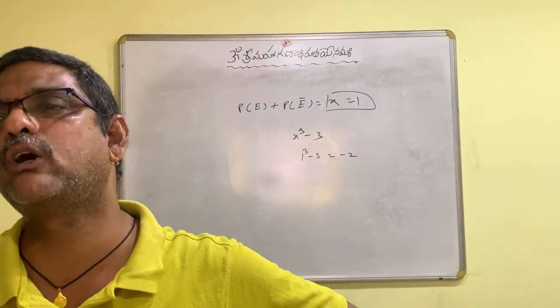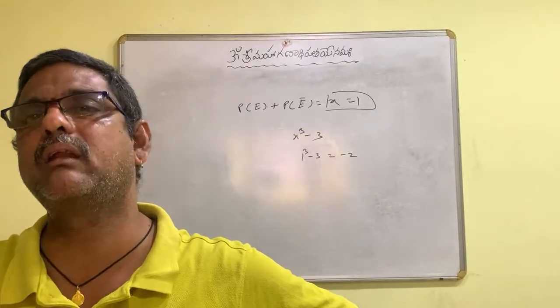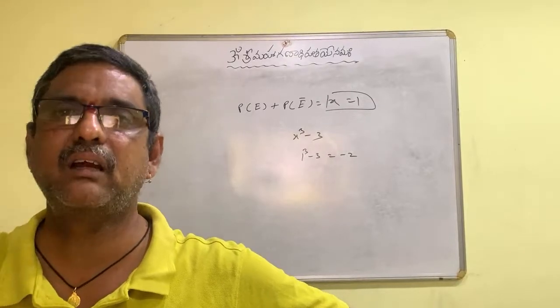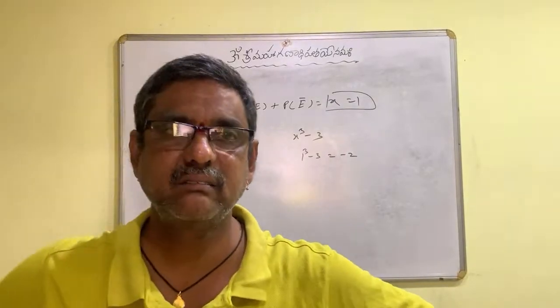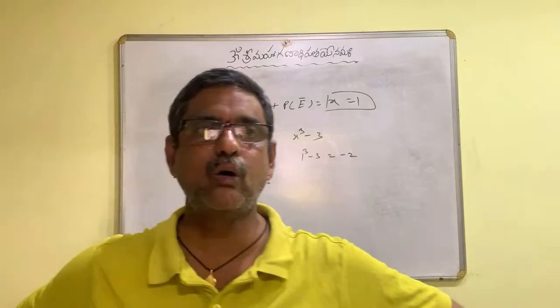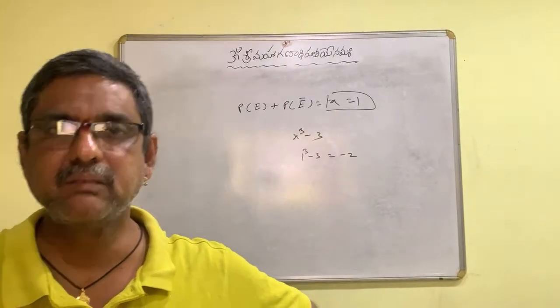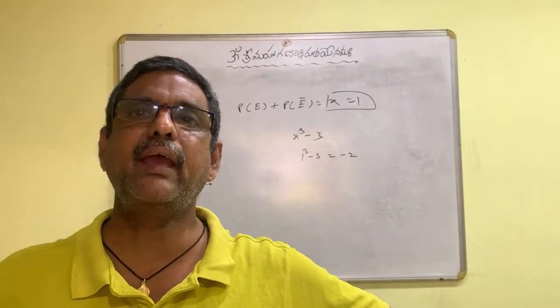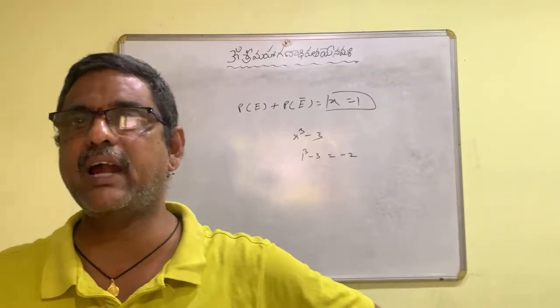They may be the zeros of a cubic polynomial, a biquadratic, degree 5, degree 6, degree 7. Is that right? Any polynomial, starting from degree 1.